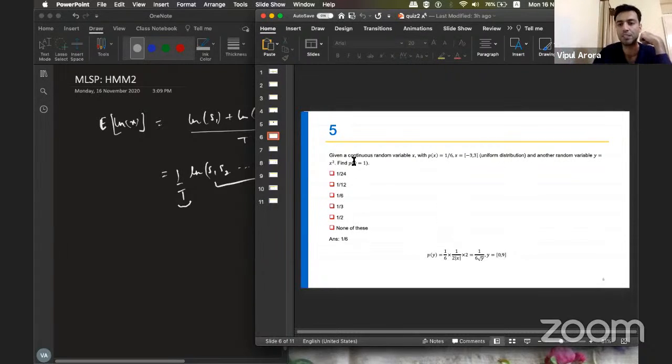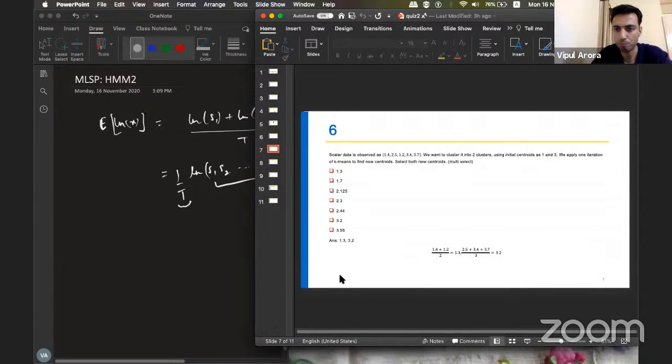To derive the curve, you know the formula, you divide by the determinant of the Jacobian. So basically p of x times 1 upon the derivative of p_y by p_x, and the determinant of that is the number. So you get 1 upon 6 under root y, which is 1 in this case, so 1 upon 6 is the answer.